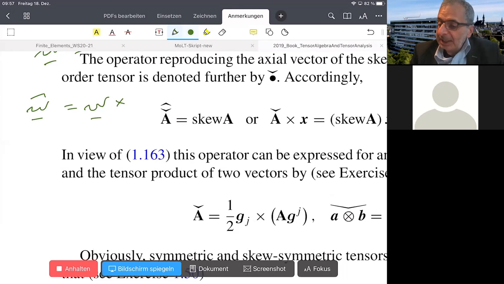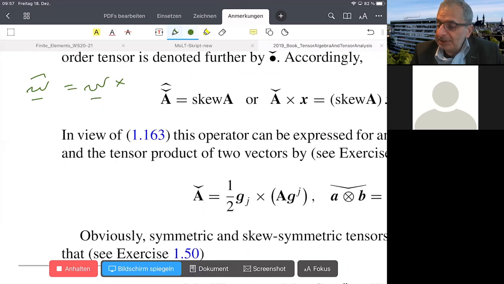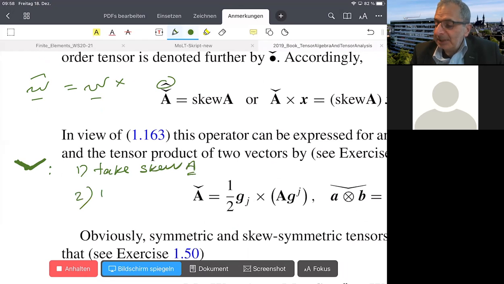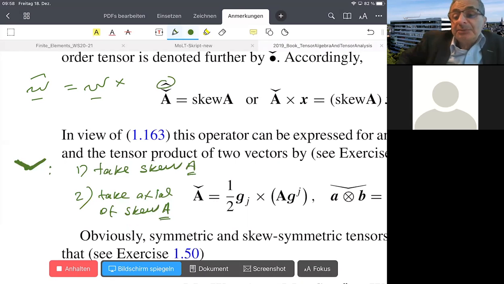That is why this operation has this inverse direction, and this operation means first take the skew-symmetric part of a tensor, and second step, calculate the axial vector of this skew-symmetric part, because this is possible, right? The skew-symmetric part of a tensor is skew-symmetric, and that means that it produces a vector product.